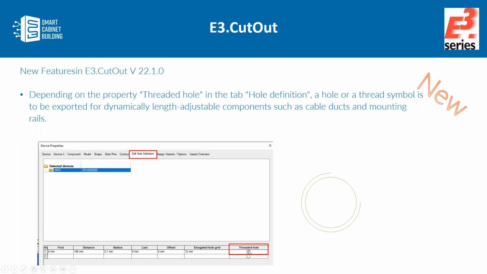Is this a threaded hole or a normal drilling? And with this definition, you now get the drill hole definition on the DXF. So now we can define this for normal devices as well as for dynamically length adjustable devices.